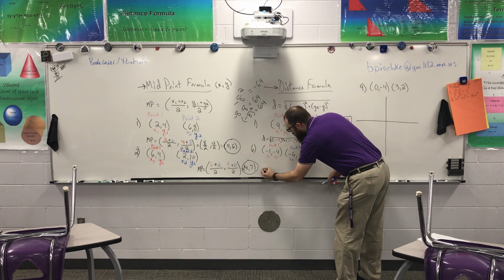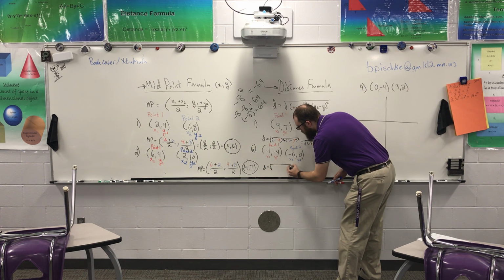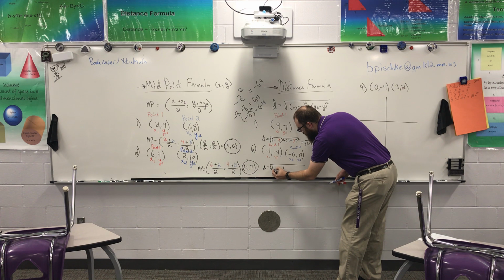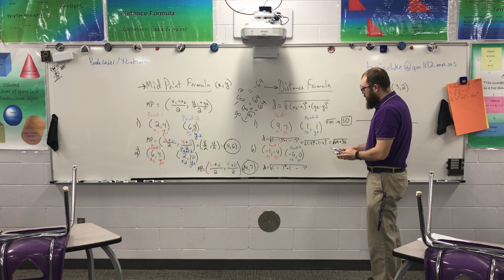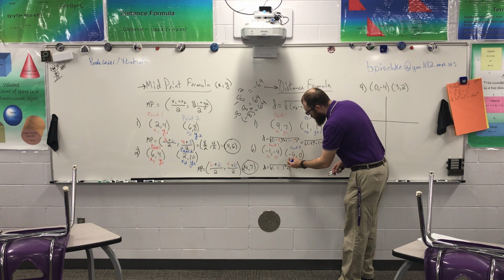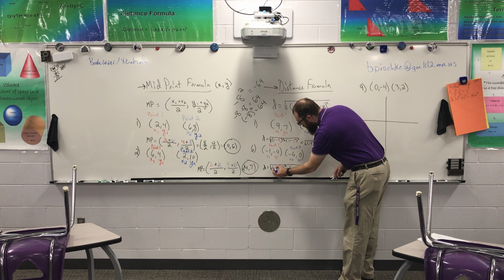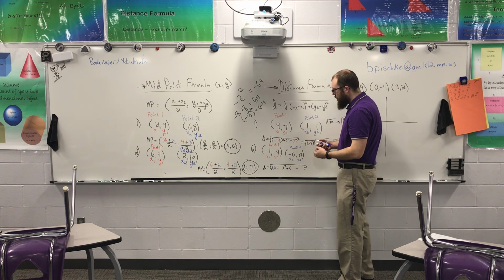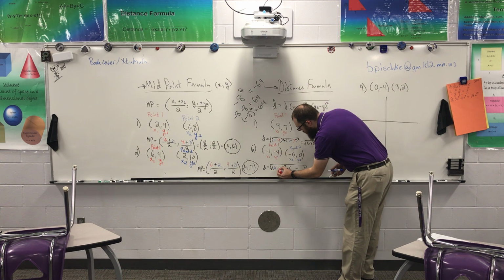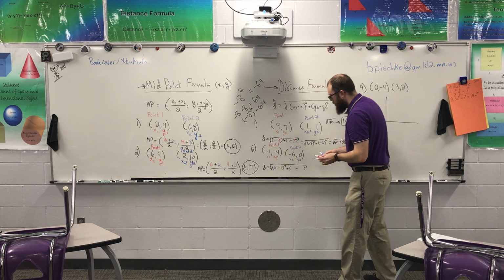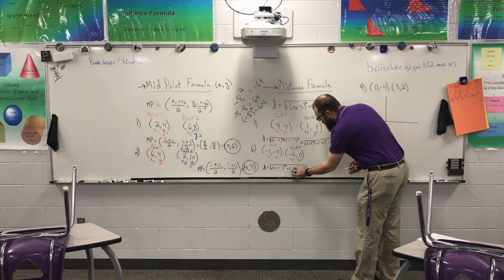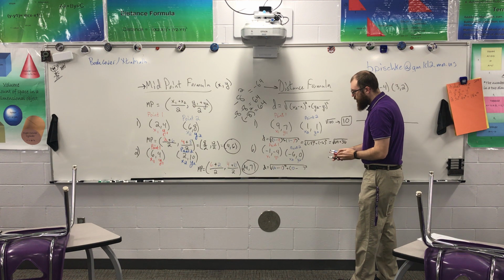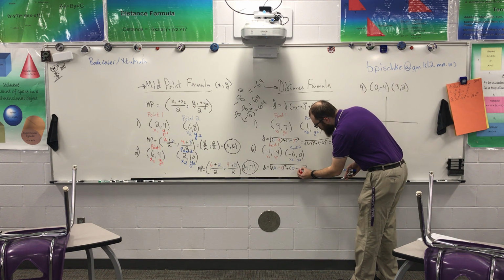Distance. Alright, X2 is -6 minus X1, -1, plus Y2, 0, minus Y1, -4.